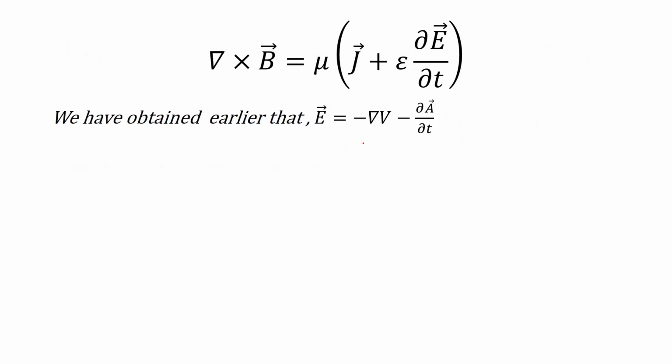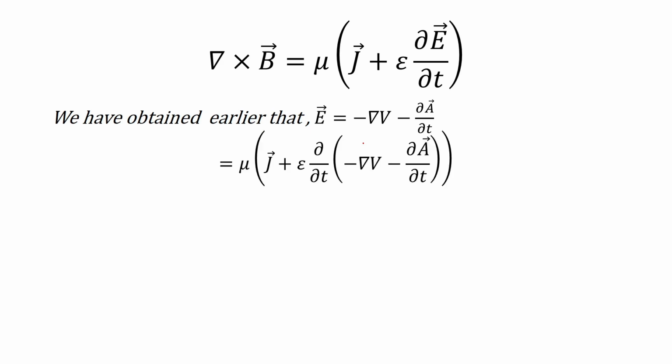But we have obtained the expression of electric field intensity to be equal to minus del V minus dou A bar by dou T. If I substitute this in the above expression, I would get del cross B bar equal to mu times J bar plus epsilon times dou by dou T of minus del V minus dou A bar by dou T. But we know that B bar is equal to the curl of vector magnetic potential, del cross A bar.